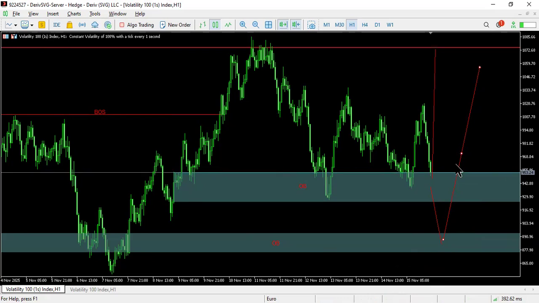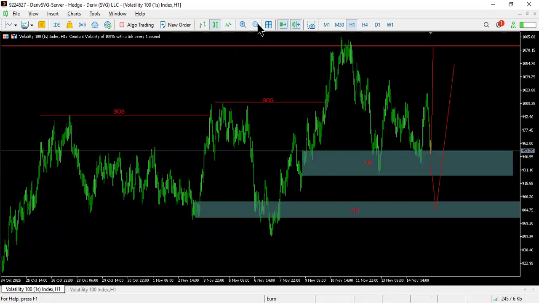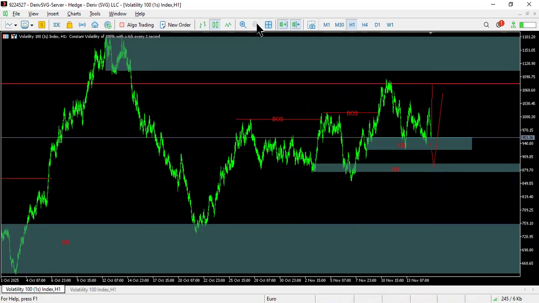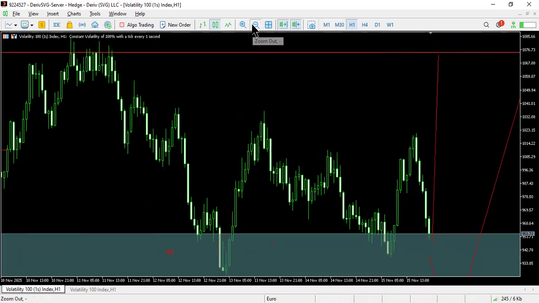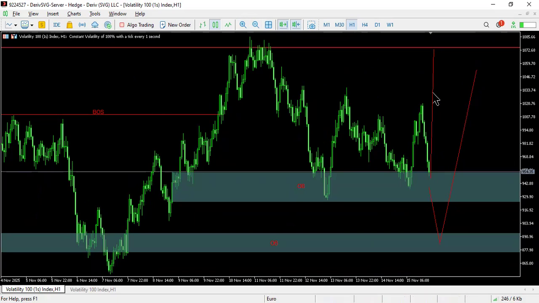So there's no instant executions, but these are the setups I'll be waiting for on VIX 100.